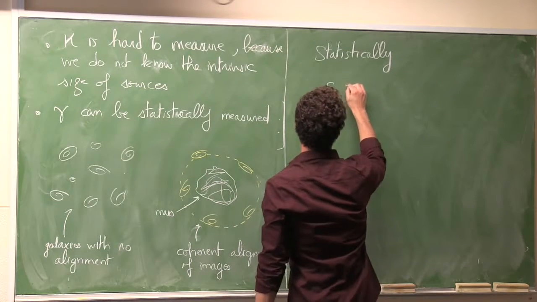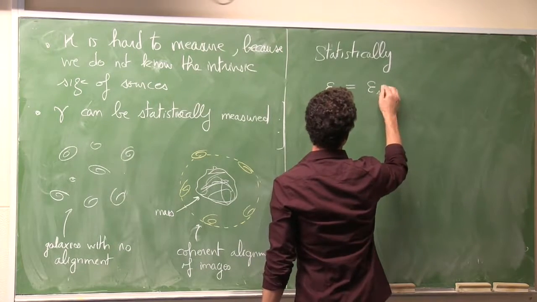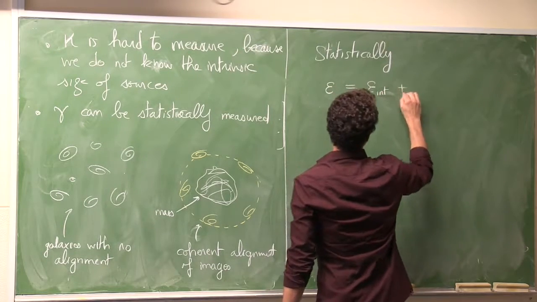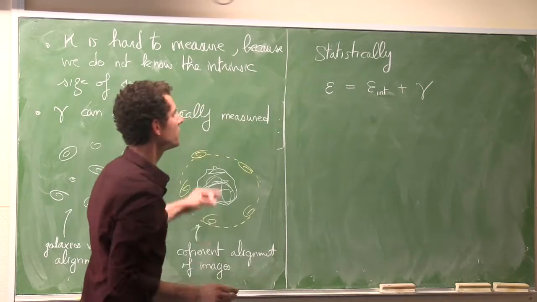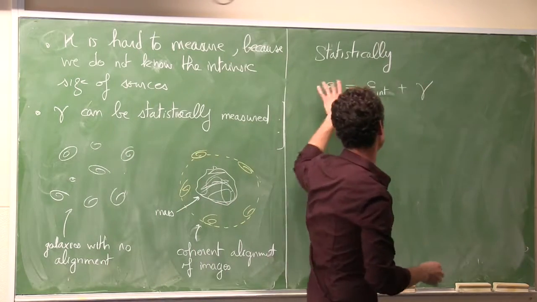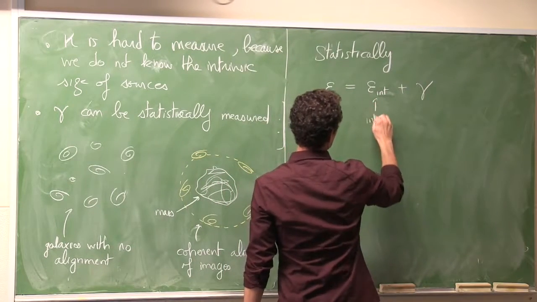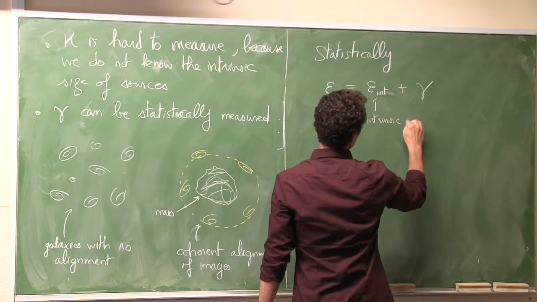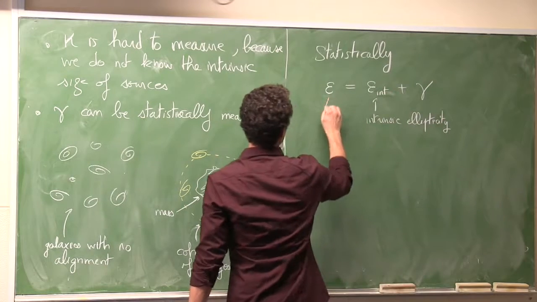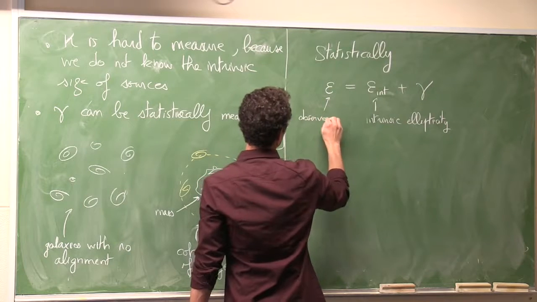So you can always write that epsilon of the image is epsilon of the source, the intrinsic one, plus gamma. This is true if the ellipticities are small and gamma is small as well, which is why you get this additive relation. Epsilon of the source is the intrinsic ellipticity, and epsilon of the image is the observed ellipticity.